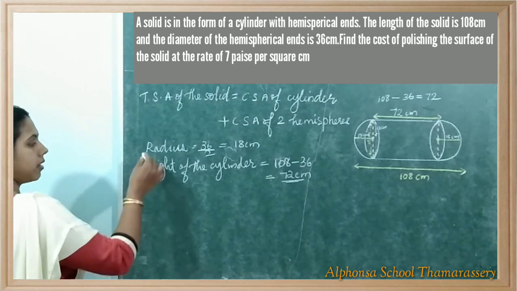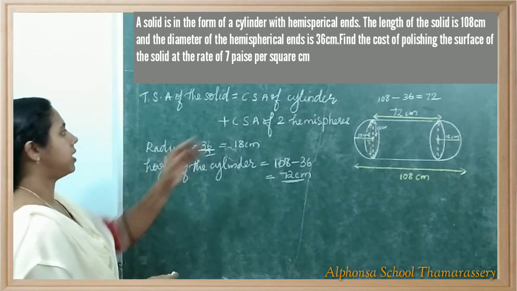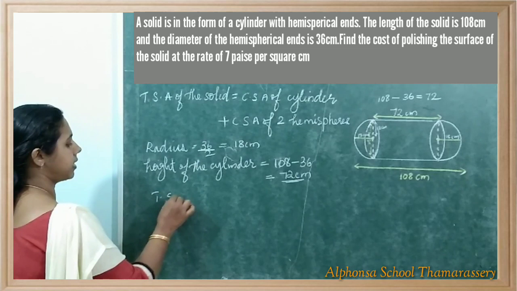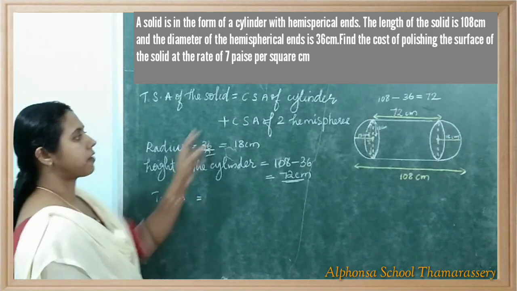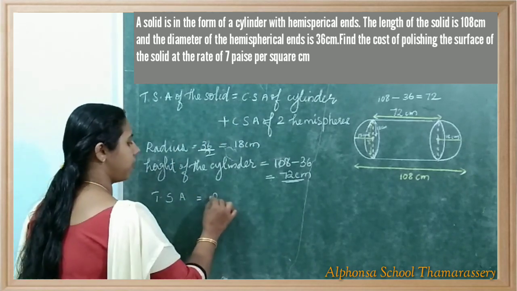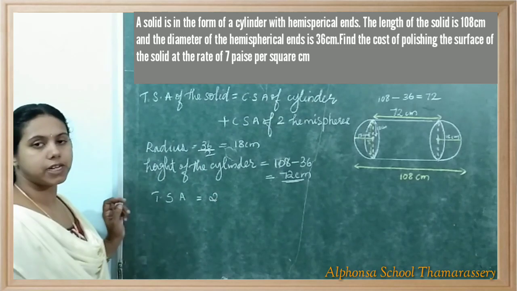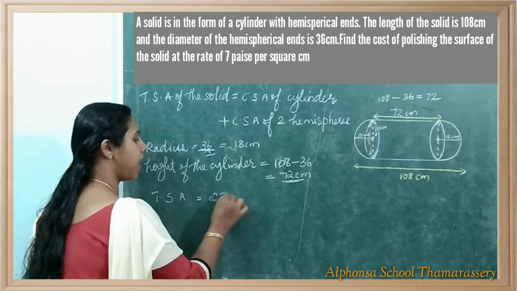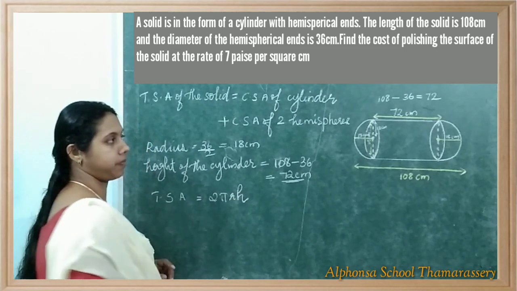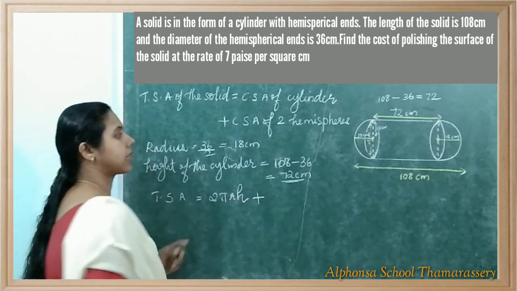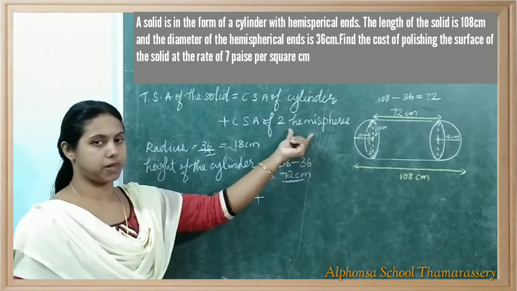Then total surface area is equal to curved surface area of cylinder, that is 2 pi r h, plus curved surface area of two hemispheres.